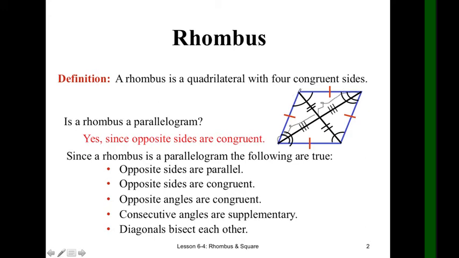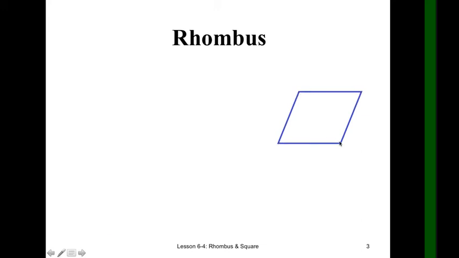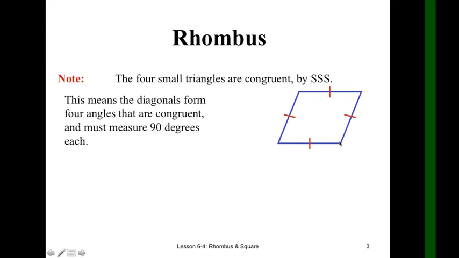At the same time, this one is equal to this segment. Okay. So on the other hand, the four small triangles are congruent by SSS. This means that diagonals form four angles that are congruent and must measure 90 degrees each.